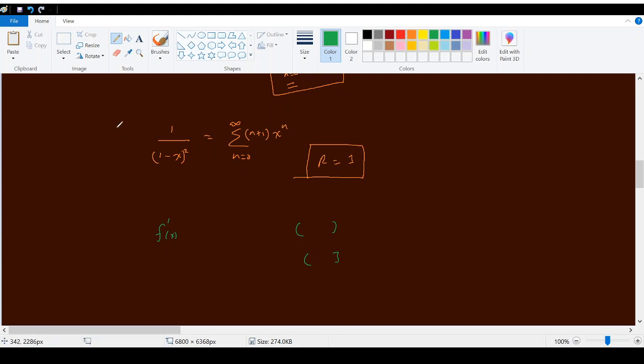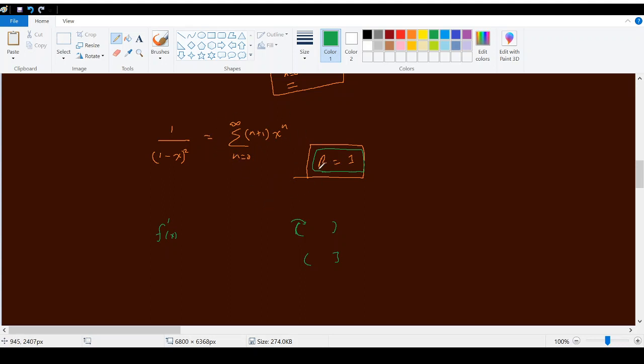So sometimes upon differentiation and upon integration, this open or the closed nature of the interval will change, but the radius will be the same. But the thing is, these endpoints might change, in the sense they might be included or they might be excluded when you are differentiating a function and obtaining a new power series.